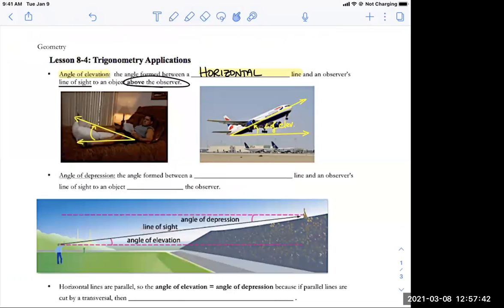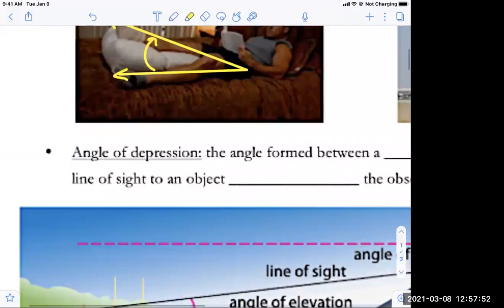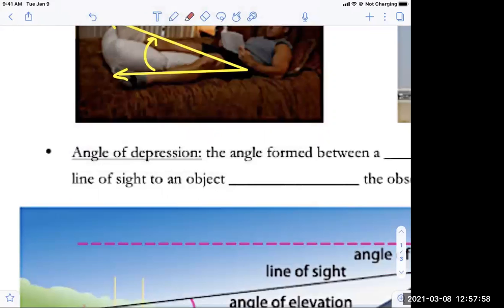And then an angle of depression is an angle formed between an observer's line of sight and, again, the horizontal, but lowering your eyes down.